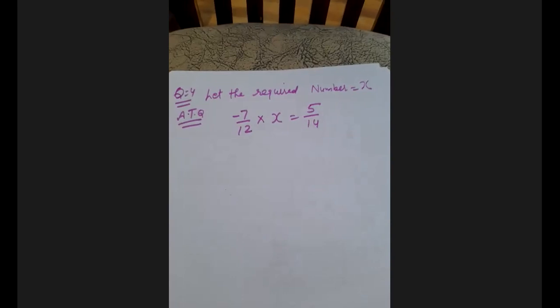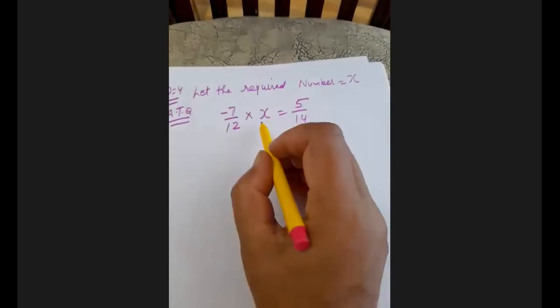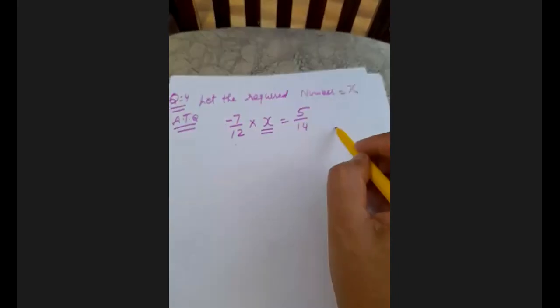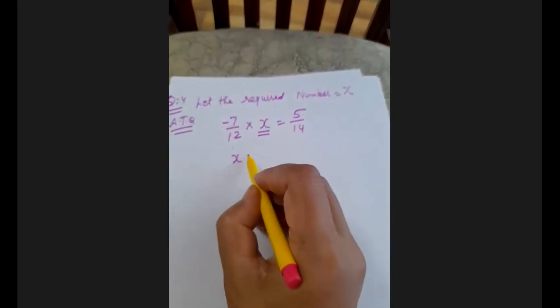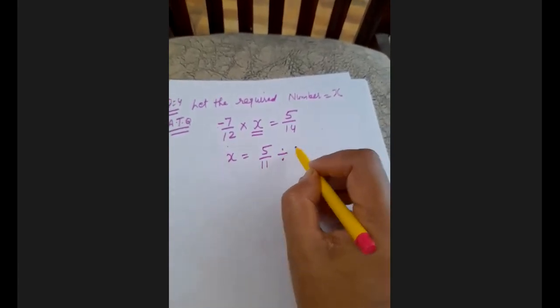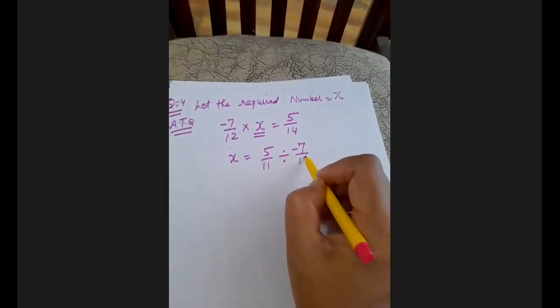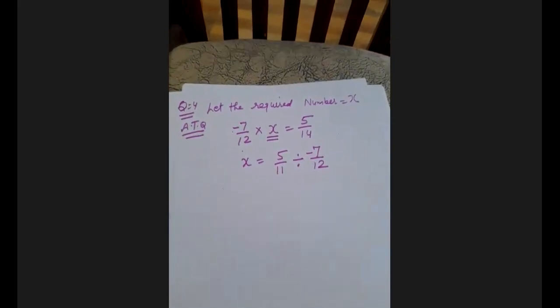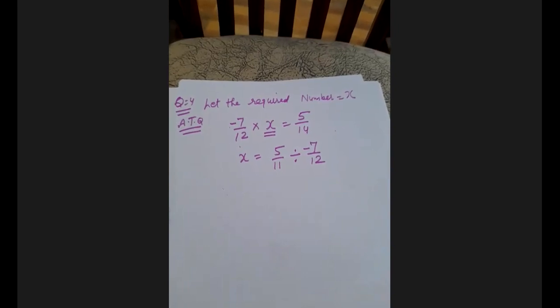Clear, students? Now, we want the value of x. Now shift minus 7 upon 12 to the right hand side. x is equal to 5 upon 14 divided by minus 7 upon 12. Now students, divide and find the value of x.